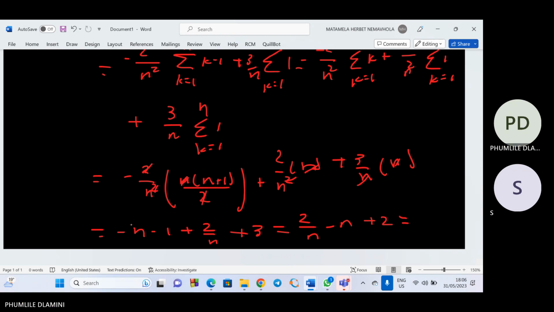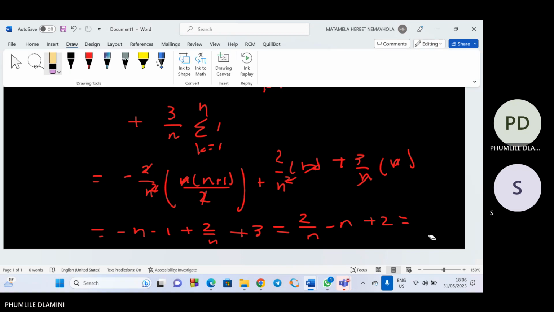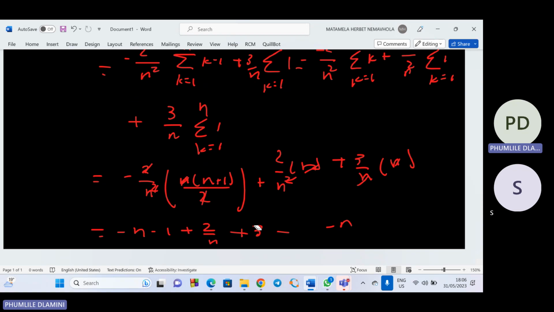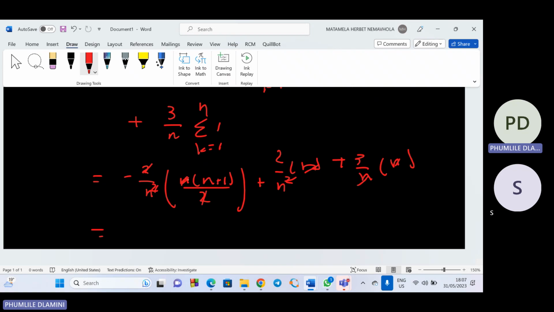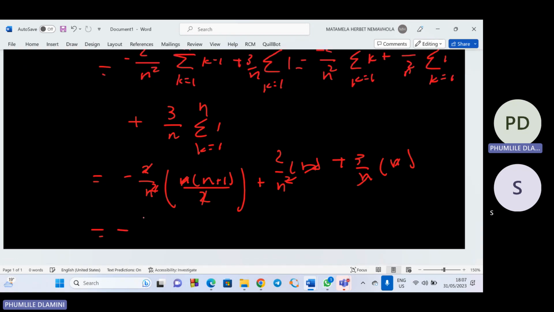Here it's supposed to say 1, which is going to be minus. There was a mistake that I just noticed now. So here it is going to be n over that minus that. We're going to be left with minus 1 over, which is minus n plus 1 over n. Then plus this one will cancel. We're going to have 2 over n plus 3. Yes, this 3 is fine.